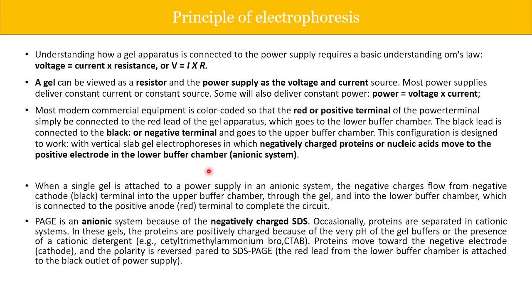Okay. Now, when a single gel is attached to a power supply in an anionic system, the negative charges flow from the negative cathode, that is the black terminal, into the upper buffer chamber, through the gel and the lower buffer chamber, which is connected to the positive anode. The red terminal completes the circuit and allows the constant voltage followed by a constant current to flow across the gel matrix, leading to the mobility of the molecules according to the factors involved.